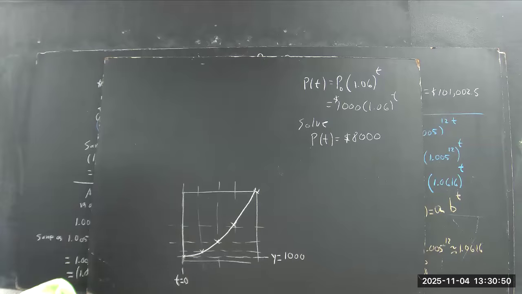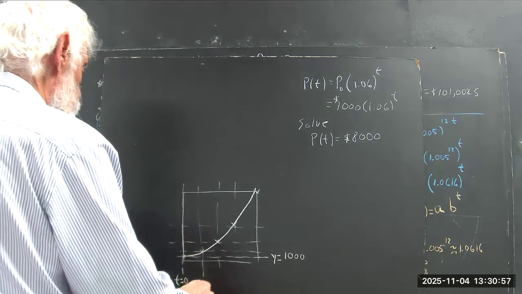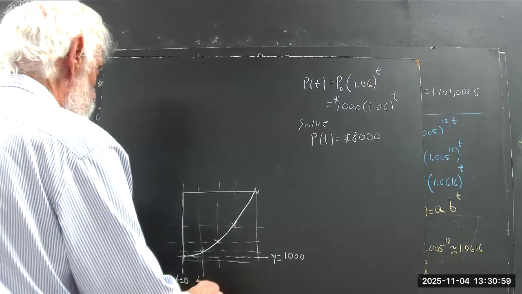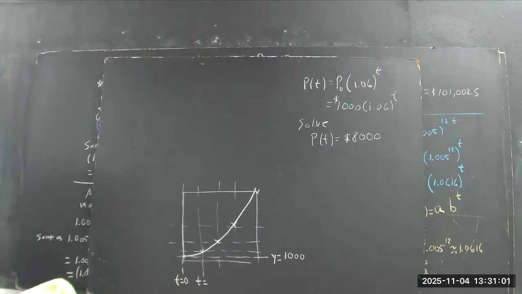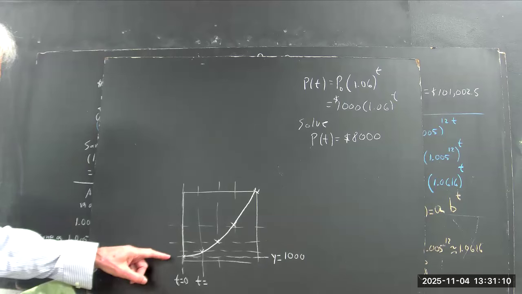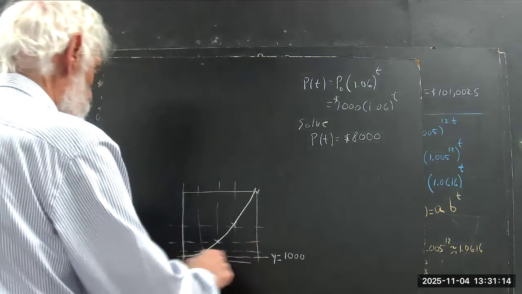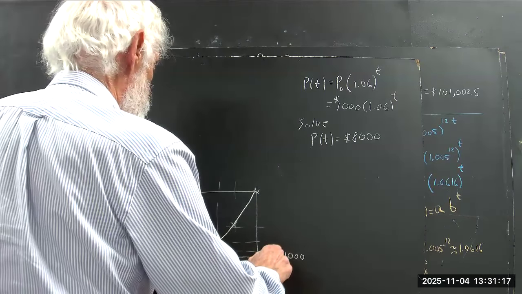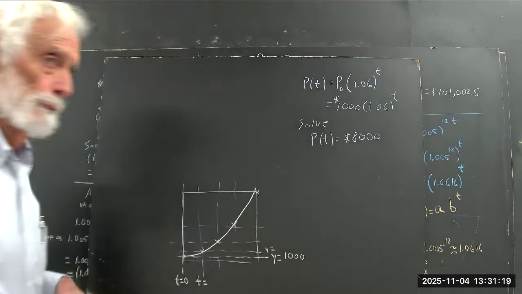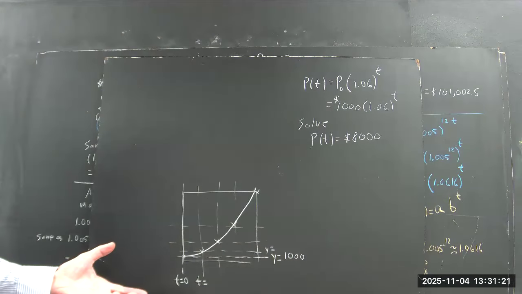Now, if this thing doubles in 12 years, then what's t equal to here? Well, y is 1,000 here, right? What is it on this line? 2,000.